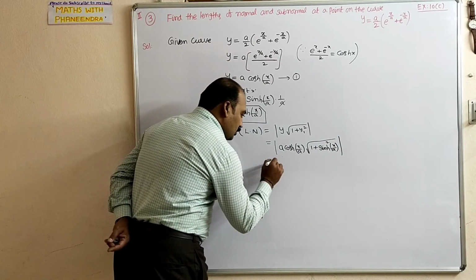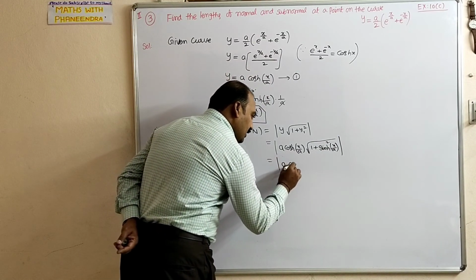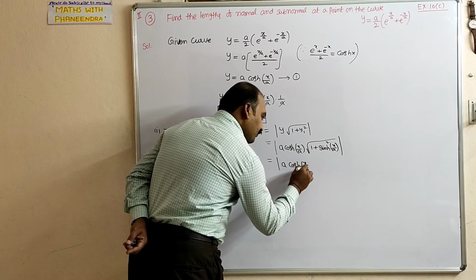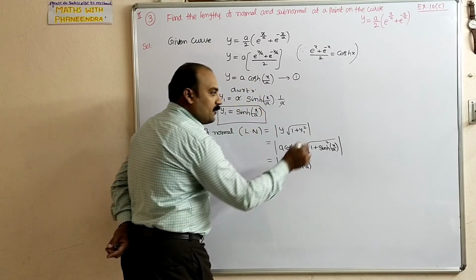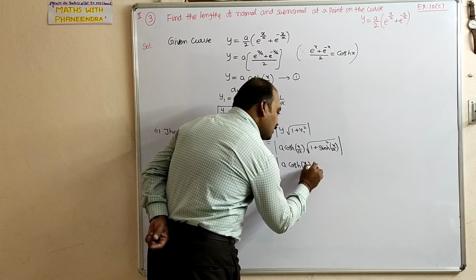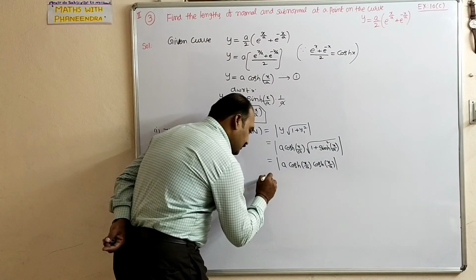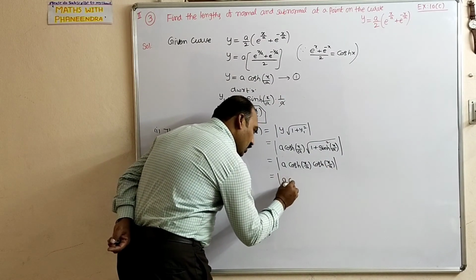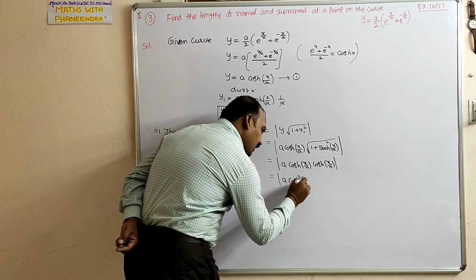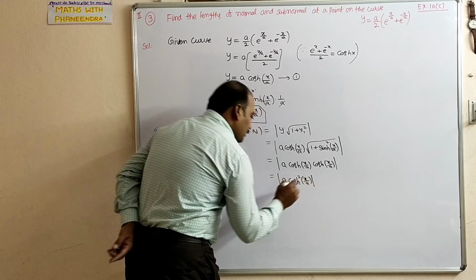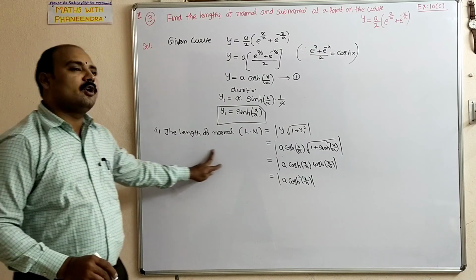Which is equal to a into cosh x by a into root of 1 plus sinh square x by a, which is cosh x by a only. So we can write it as a into cosh square x by a. This is the value of the length of normal.